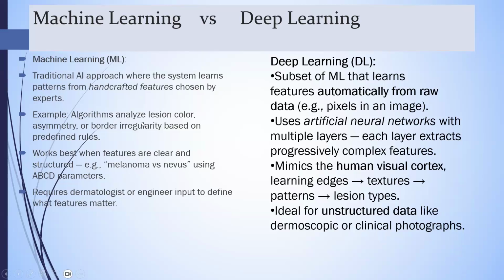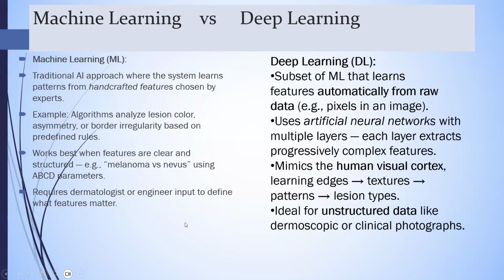And then the algorithms analyze the lesion color, the ABCD of these lesions, and it works best when the features are very clear and structured. Melanoma versus nevus using ABCD parameters requires both the dermatologists and engineers to give their input to define what features matter.